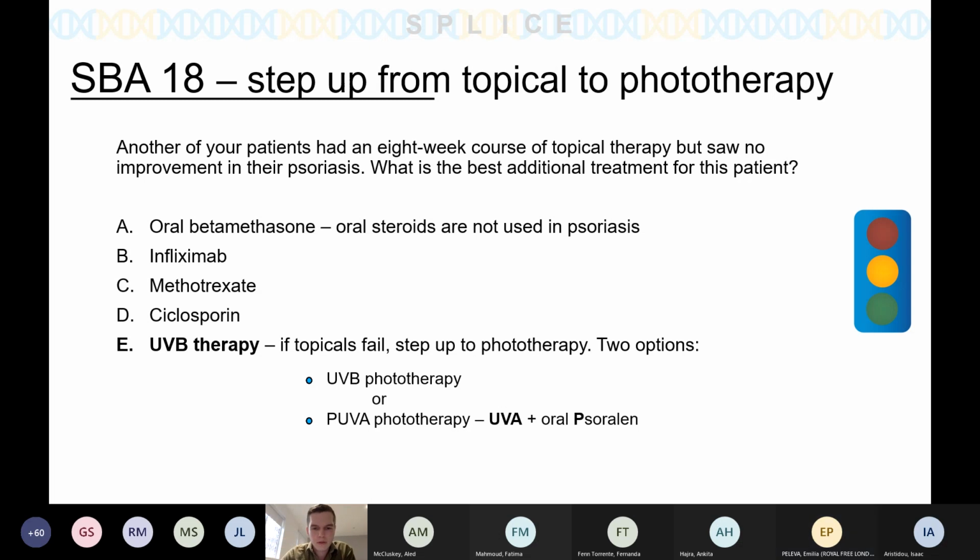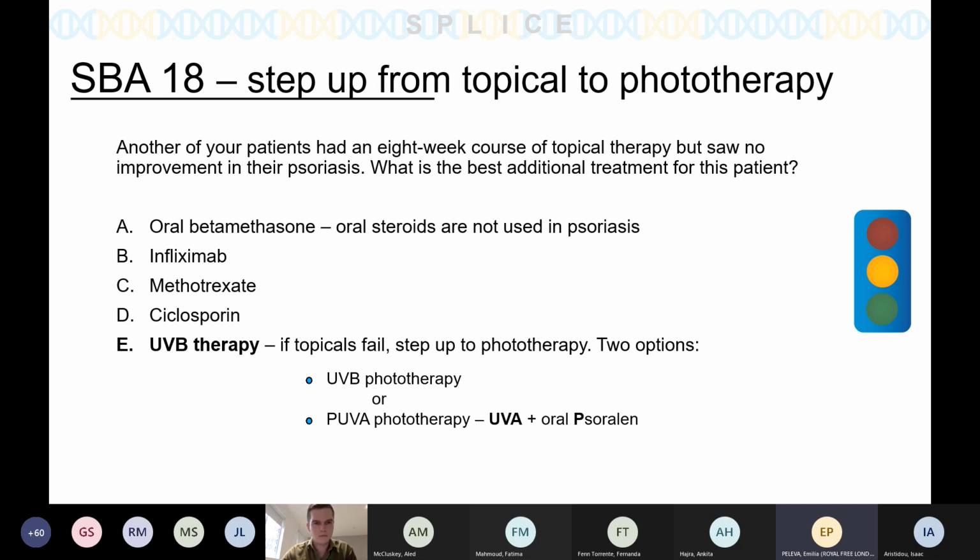So you've got. Can I add in? I think this is a really good question. I think, yes, you're completely right. We go from topicals, then we go for phototherapy, as long as it's not contraindicated. You would never ever use oral steroids in psoriasis, or you'd be really careful if you do. It does help, but when you stop the steroids, they often get a rebound and they can end up with really, really bad psoriasis, end up hospitalized.